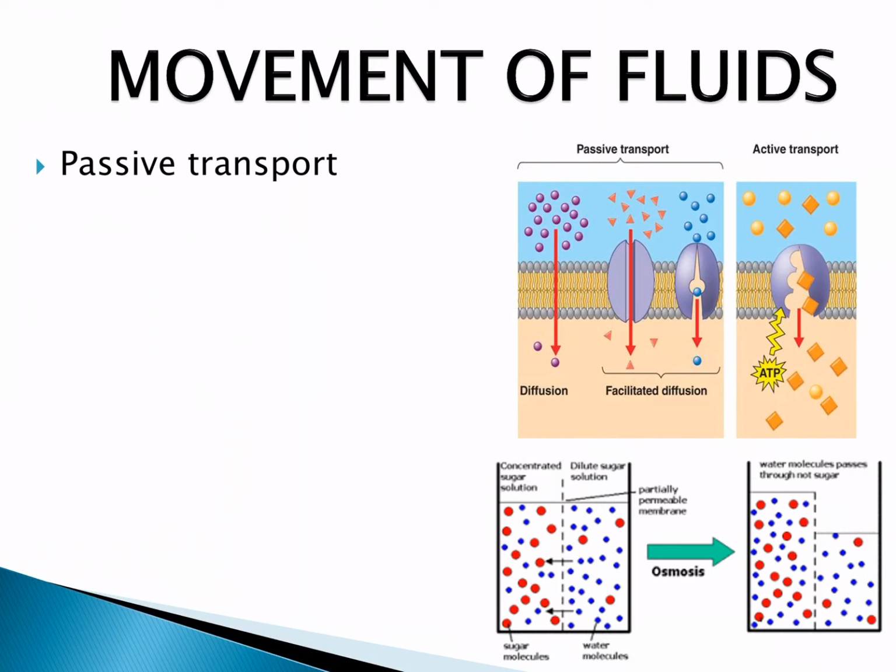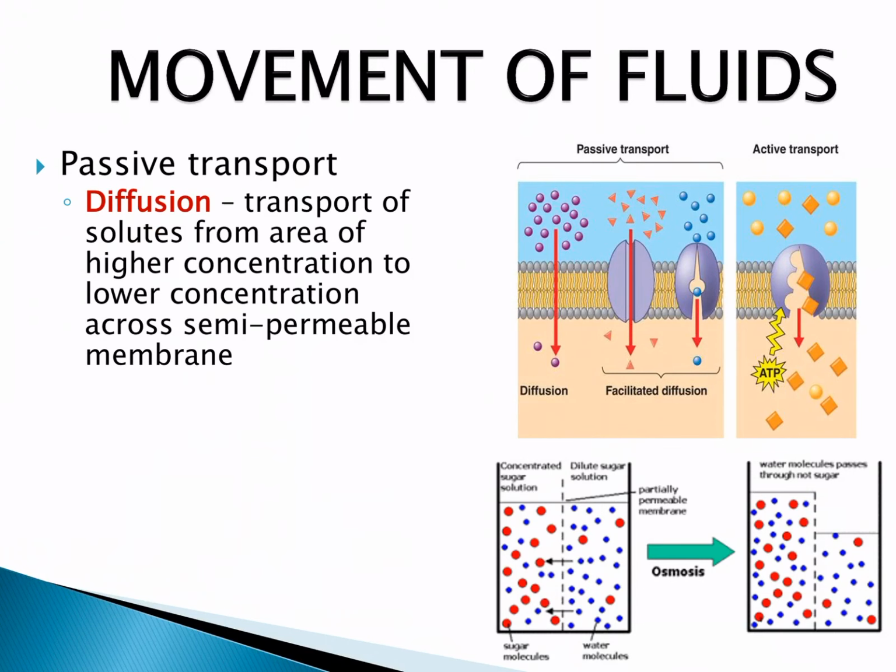So we have here passive transport. We have diffusion, the transport of solutes from an area of higher concentration to lower concentration across a semi-permeable membrane. Okay, so that's your diffusion, from higher concentration to a lower concentration.